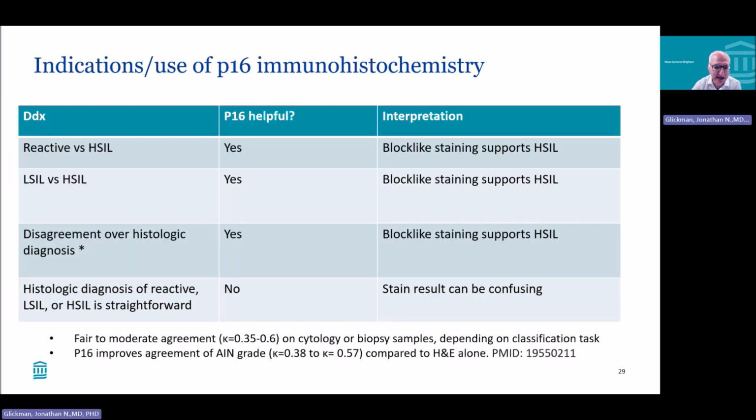So just to summarize the indications and use of P16 immunohistochemistry, it's very helpful in distinguishing HSIL from either reactive changes or LSIL. Block-like staining supports the presence of HSIL. If there's a difficult case where there's disagreement over the histologic diagnosis among our group, we'll often use P16 as a helpful thing to sway us one way or another.